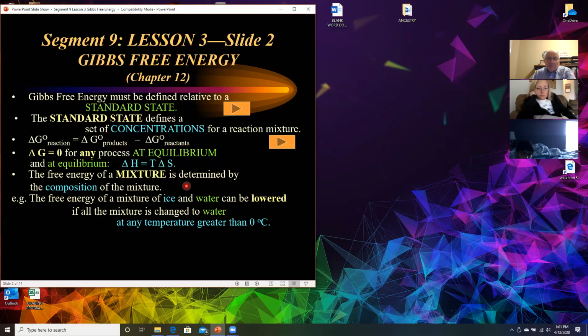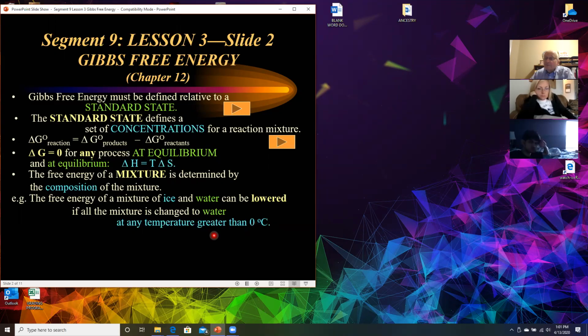And if you put in the delta H for that process and the delta S for that process and solve for the temperature, you ought to come up with 0 degrees. That would be the temperature where equilibrium would happen, and delta G would be 0. So at any temperature greater than 0 degrees, ice will melt.